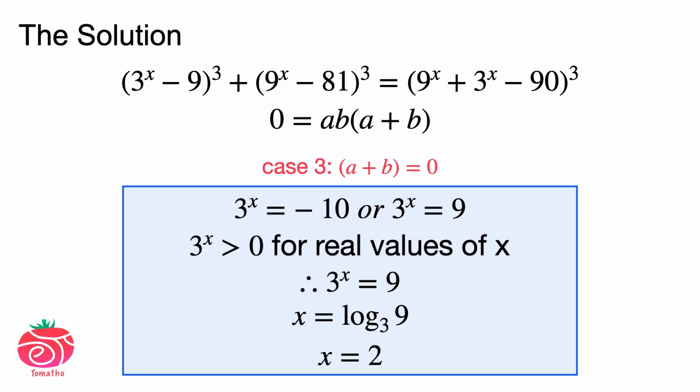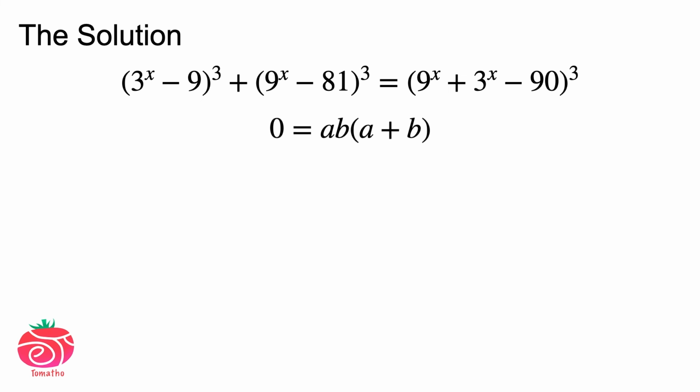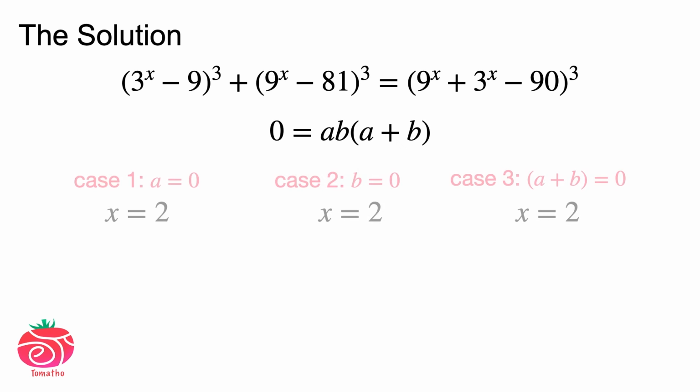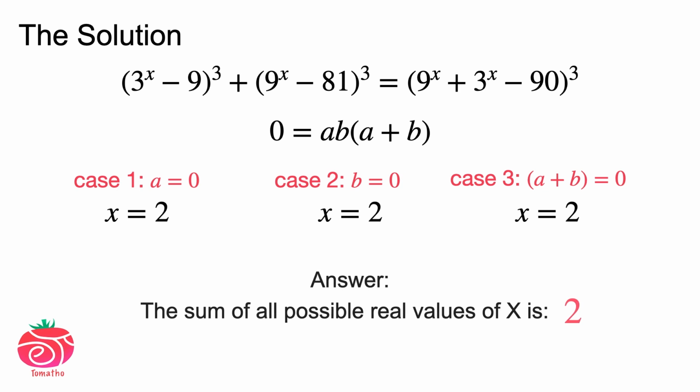And this also gives x equals 2. So, we can conclude from case 1, case 2, and case 3, the only possible value for x that satisfies the condition is 2, and therefore the sum of all real numbers x is 2.